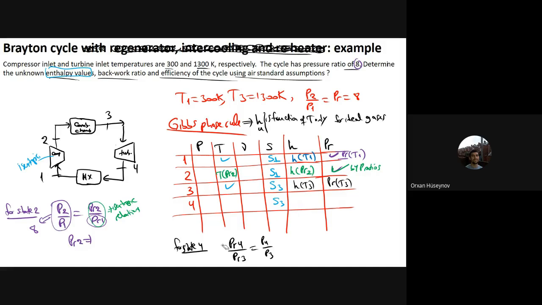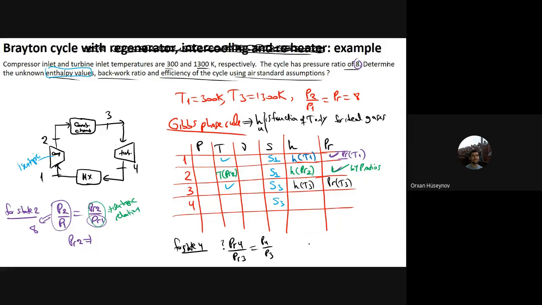Okay, that is true for state 4. So PR4, I can find it. PR3, I can find it, it is given. And the PR4, so I should find this one. And P4 by P3, let me see which one is given here.